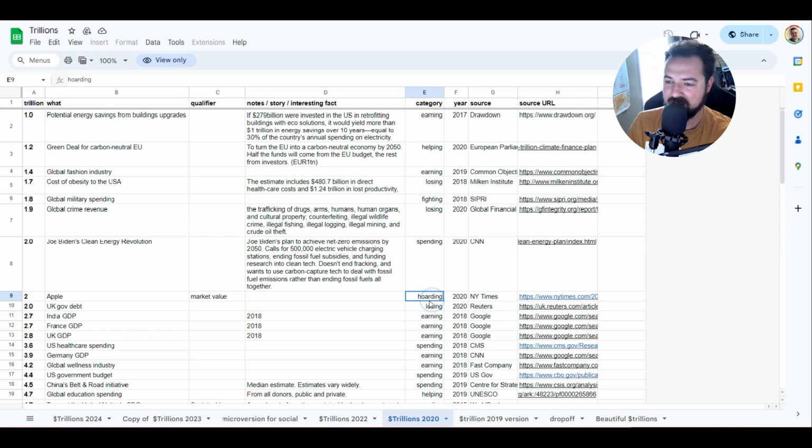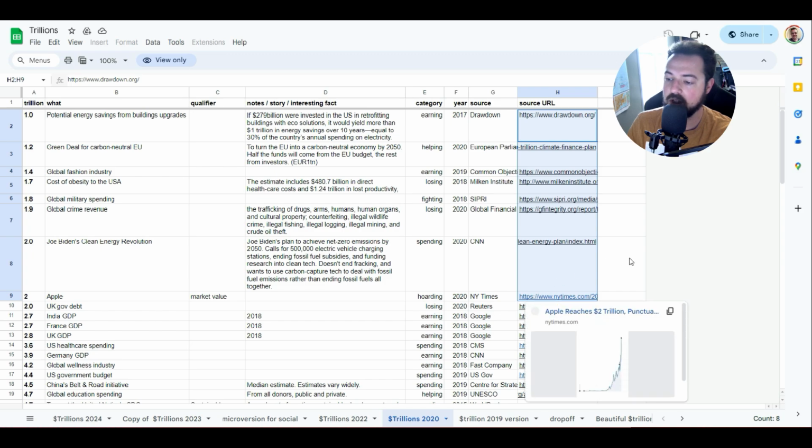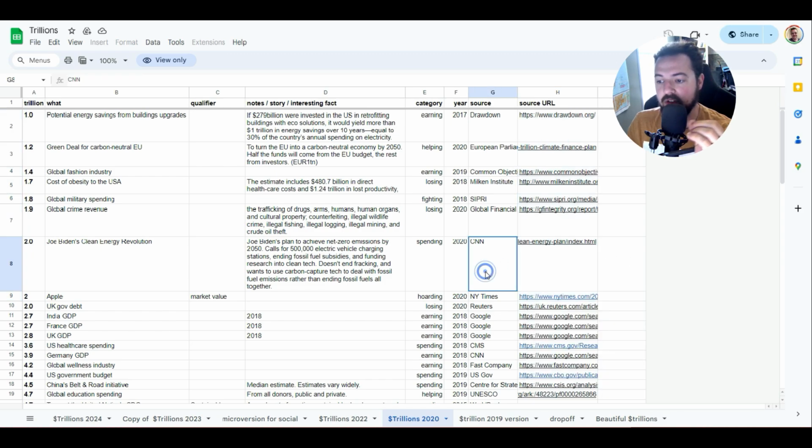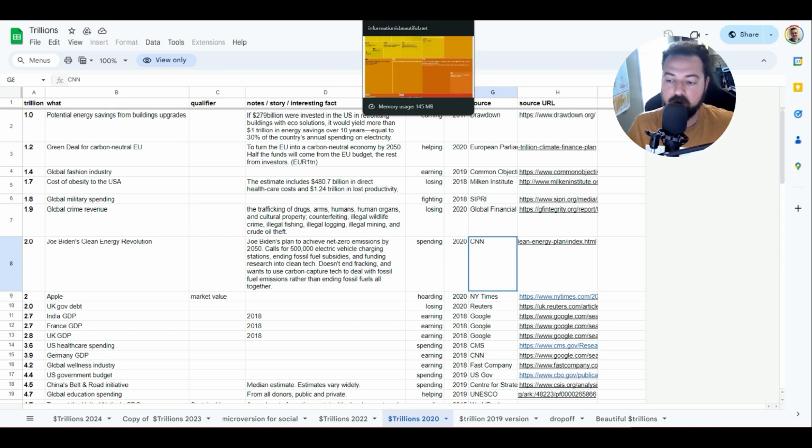And they even have, I think it's funny, a category for hoarding. Then they have the year, the source, and the source URL, so that way you can go and look at that information. I think this is just really great to soak in and understand, because this is how you would structure data and feed it to, in this case, a chart like this, and get this sort of result.